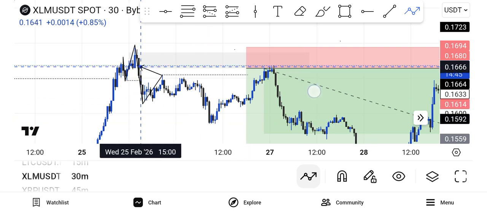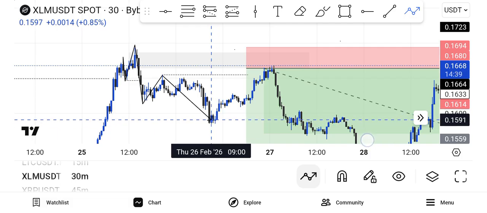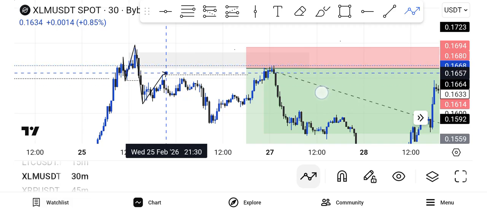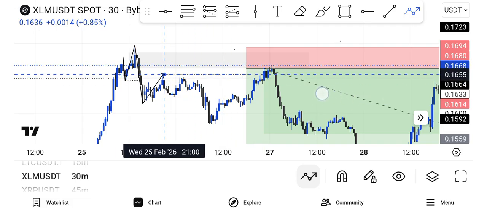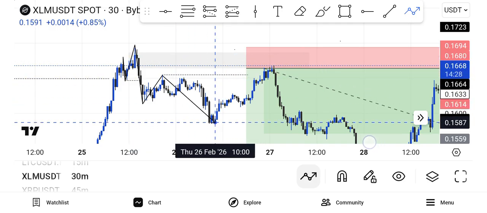Now I already understand that okay, the market has changed structure to a downtrending move. If it's coming back, we have an unmitigated order block here. We have inducement liquidity. So I'll just expect it to take out this liquidity and this point of interest should hold. And that was how it happened here.